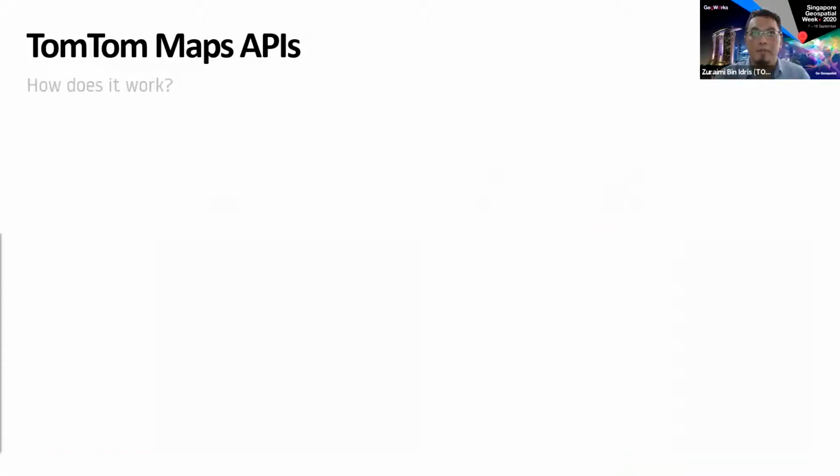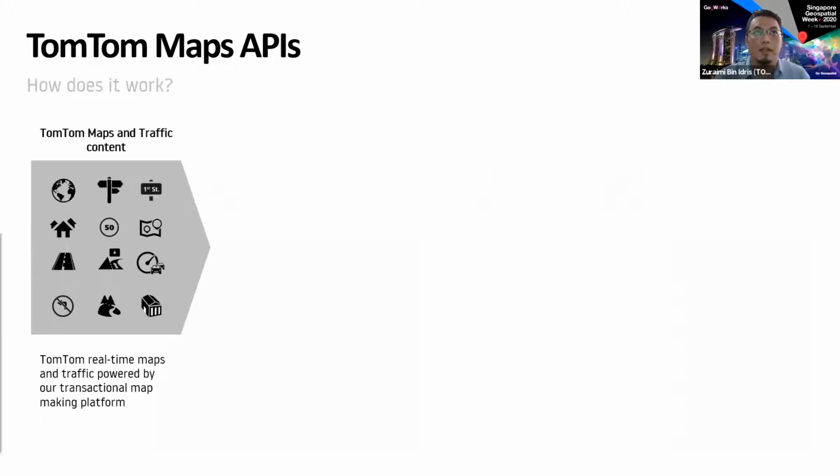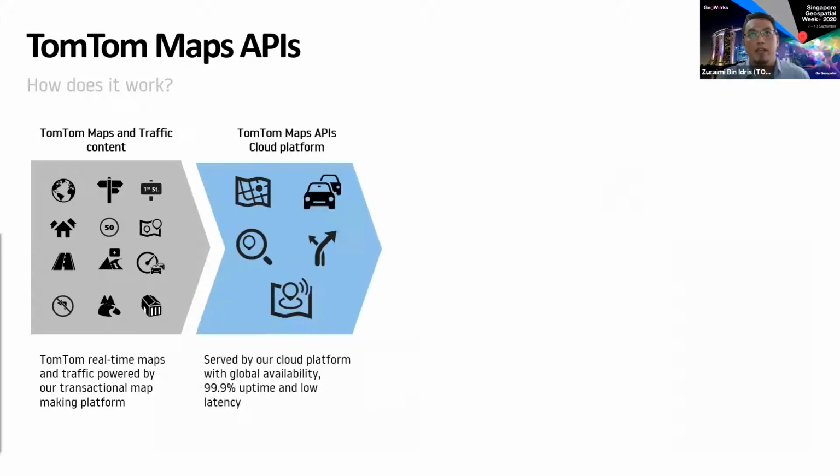How do Maps APIs work? From TomTom Maps and traffic content, real-time maps and traffic powered by our transactional map making platform, it goes to the Maps APIs cloud platform, served by our cloud platform with global availability, 99.9% uptime, and low latency.